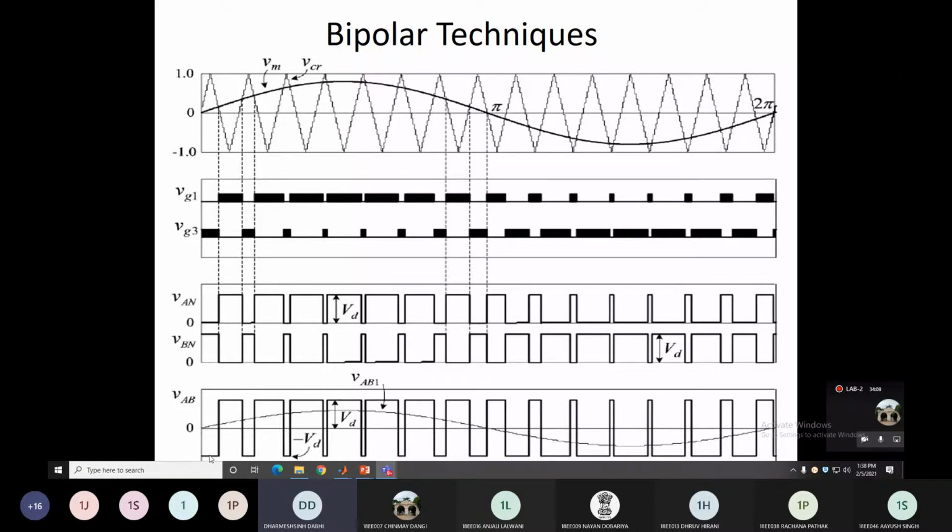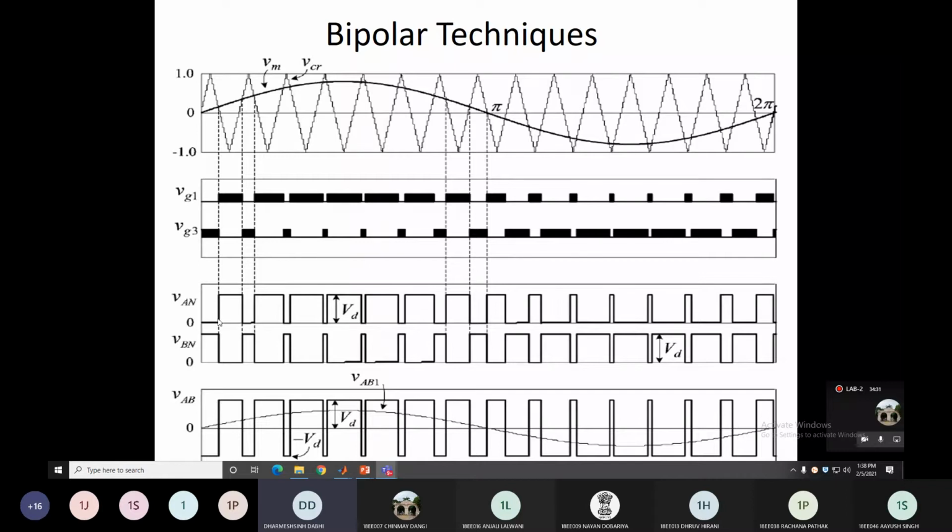You can see here, you get this VBN voltage at the starting. So that is the VAB voltage. VAB again, it is VAN minus VBN. Here, first interval up to this point, VAN is 0, only VBN is present, so you get minus VBN. It means your VAB is equal to minus VBN.